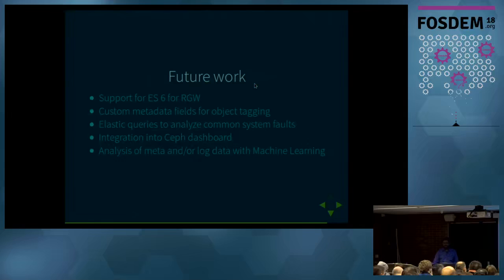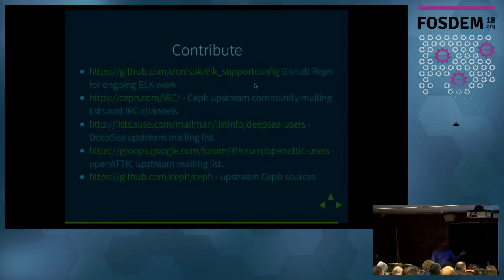Then the next work is a plugin to analyze common system faults, the Logstash plugin, and integration into the Ceph dashboard and analysis with, for example, machine learning, which Elasticsearch provides. The support config is a repo for what Dennis demonstrated with Docker and everything. And these are the official Ceph repos and the IRC links.